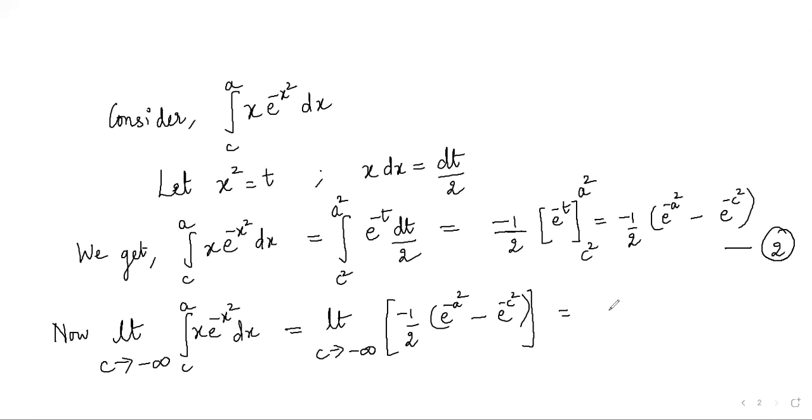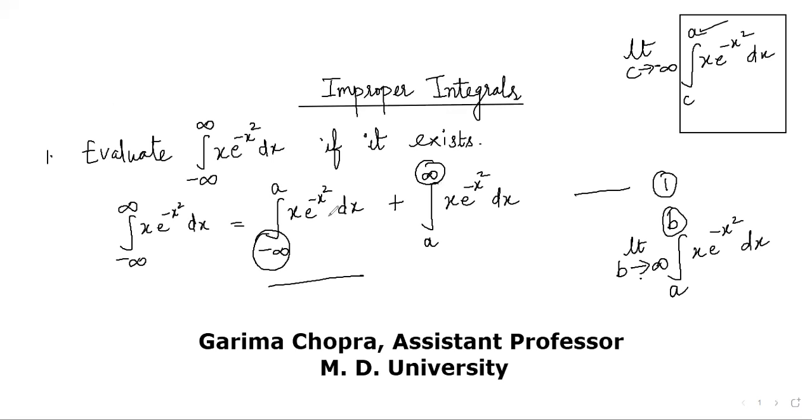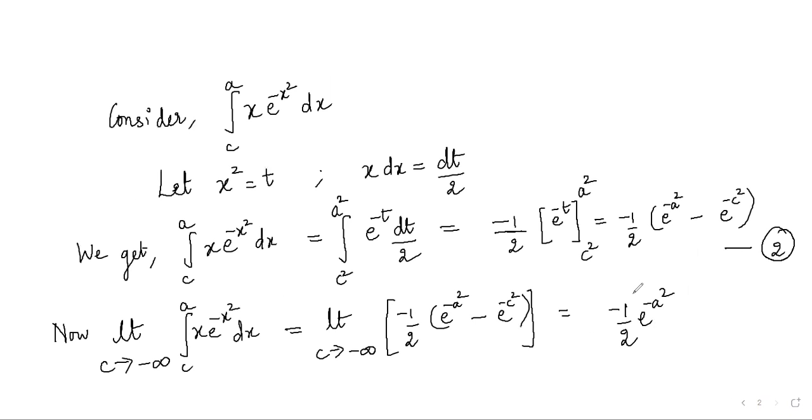So what we will get? We will get minus 1 by 2 e raised to power minus a². So this is finite. So this first integral, which is present in this equation 1 on the right hand side, we have evaluated that this first integral is convergent and it will be equal to this limit, means it will be equal to minus 1 by 2 e raised to power minus a².